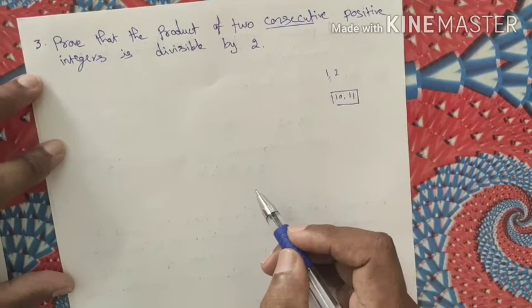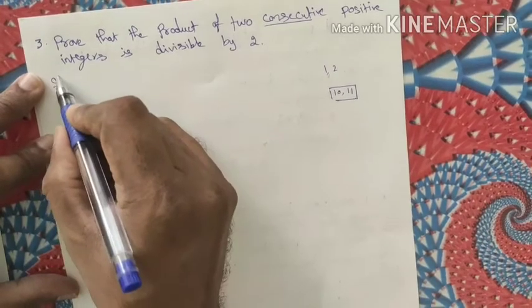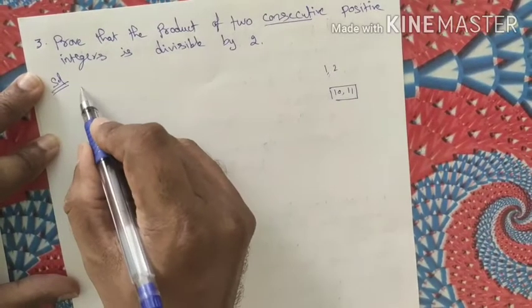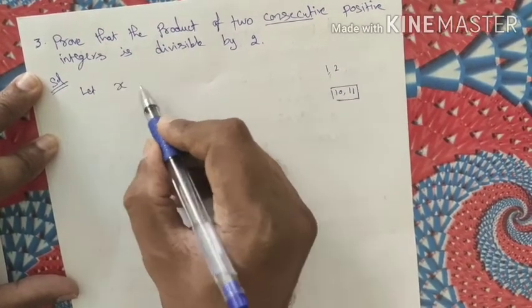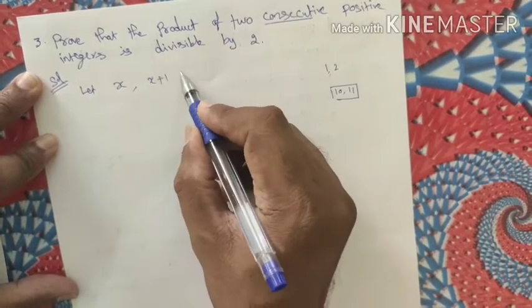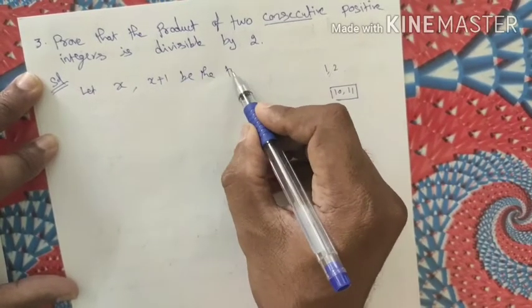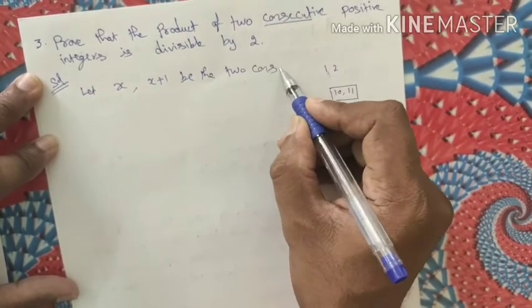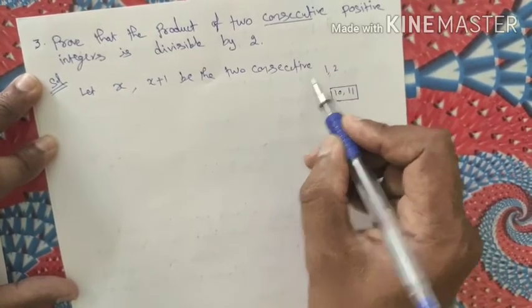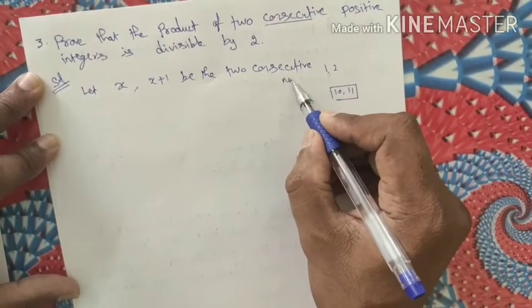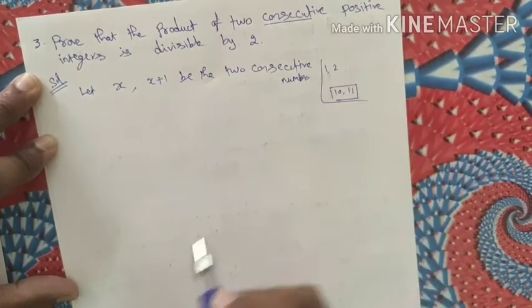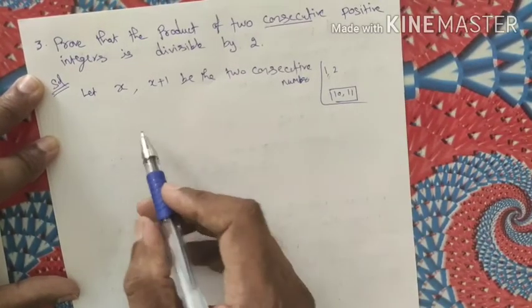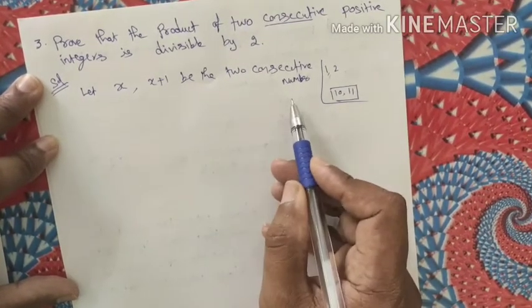So let me take x and x plus 1 as the two consecutive numbers.